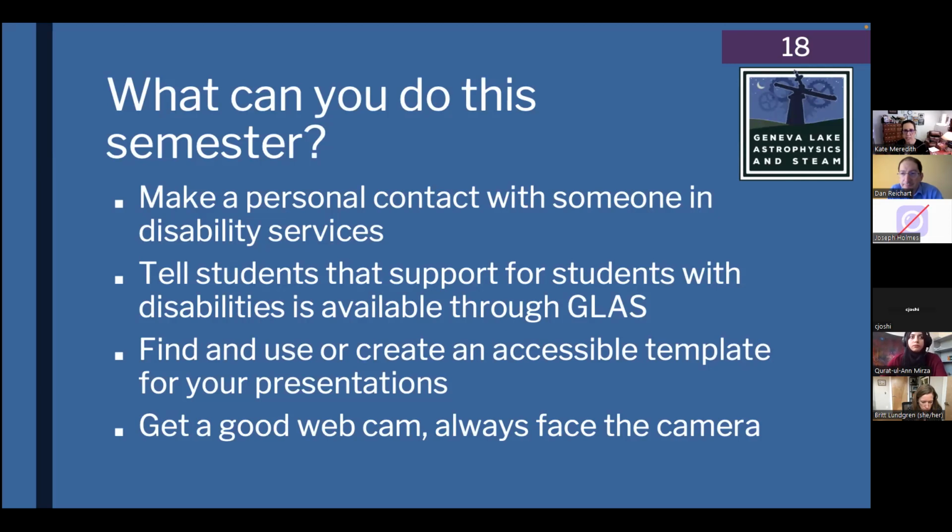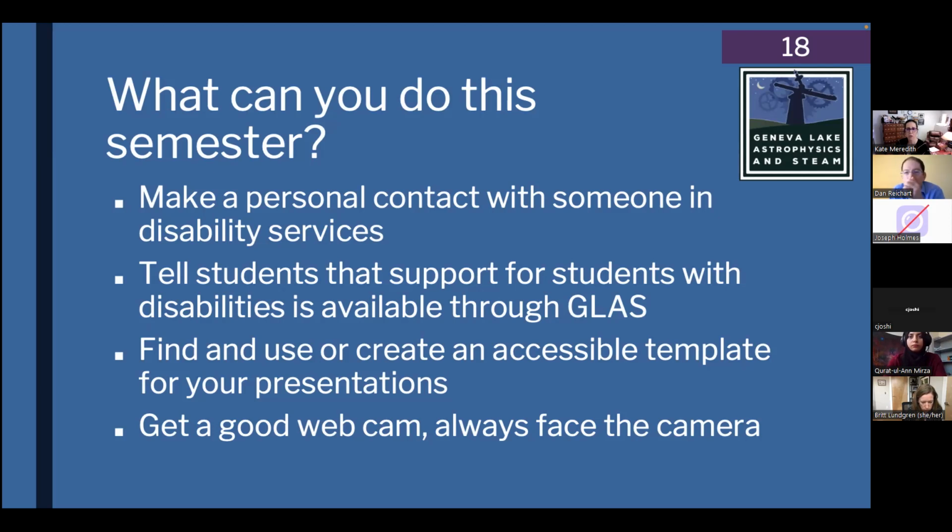I'm particularly interested in people with hearing or vision difficulties. And you don't have to be blind to need support in these areas. You don't have to use sign language to need hearing support. And significant print disabilities, anything, just send them our way. And then I would suggest looking at your own lectures and creating an accessible template. I have information about that.